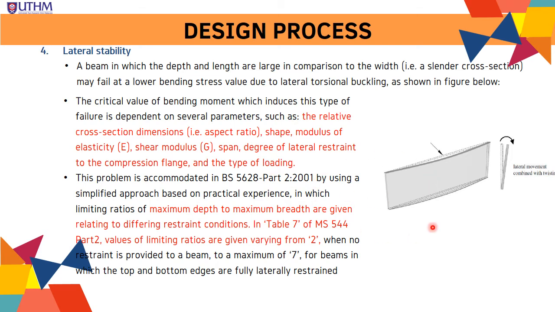We check this lateral stability by comparing our maximum depth to maximum breadth ratio for the beam with the one specified in Table 7 of the Malaysian Standard. It starts with a limit ratio of 2 where no restraint is provided to the beam, up to a maximum of 7 for a beam where the top and bottom edges are fully restrained.